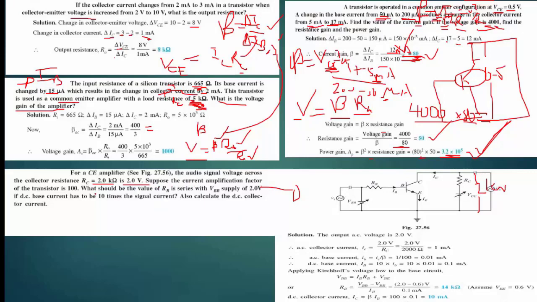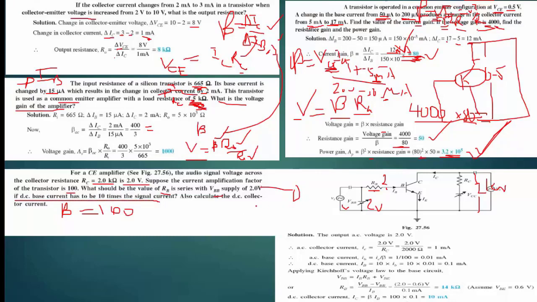Suppose the current amplification factor of the transistor is 100, ni 100 sawa ya common emitter. What would be the value of RB? The value of RB in series with this supply voltage kwenye base ambayo ni 2 volts? Okay, if the DC base current has to be 10 times the signal strength.